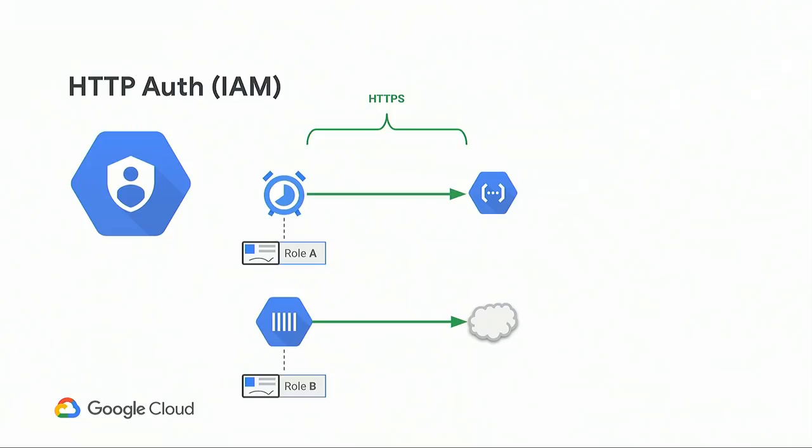At the time the HTTP request is sent, we will put an OpenID Connect JWT token in the HTTP header that corresponds to that identity. It's a token that expires, but when you receive that token, you can validate it using standard open protocols to validate the authenticity of the claims made in that token.